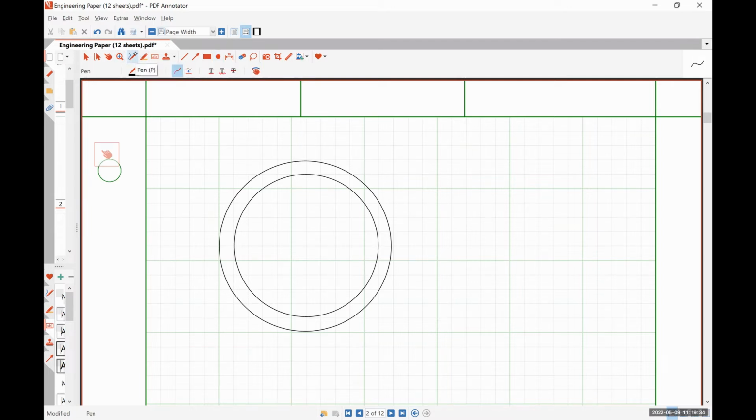So I have drawn two concentric circles here, and what they are supposed to represent is what's called the stator of an electric generator. Okay. So the stator is effectively a stationary tube that contains coils of wire, which are electromagnets.